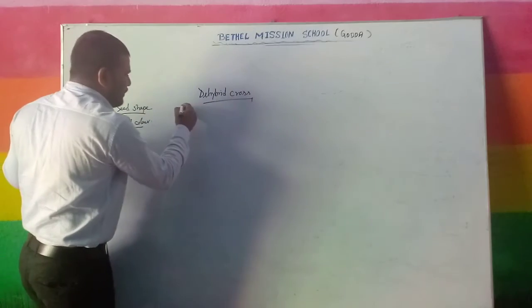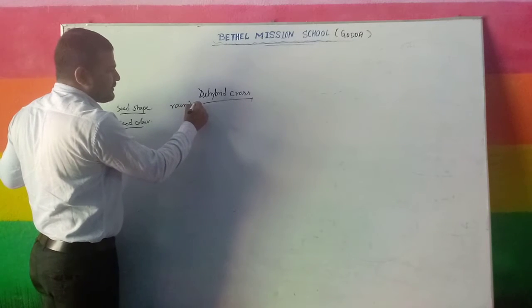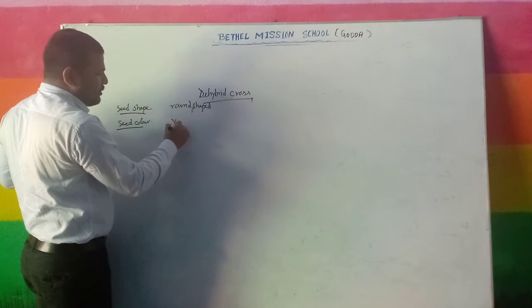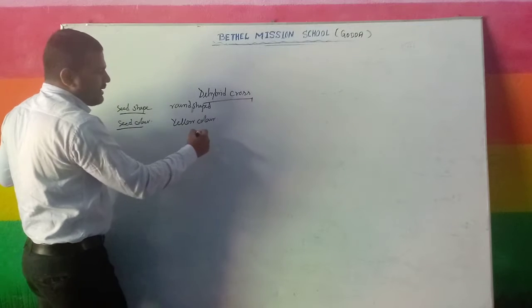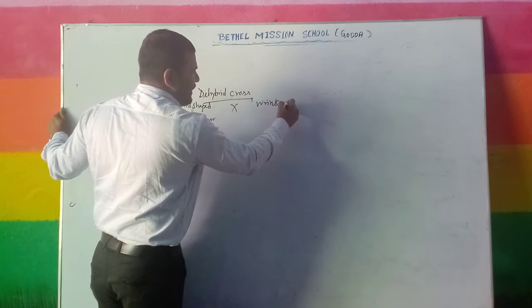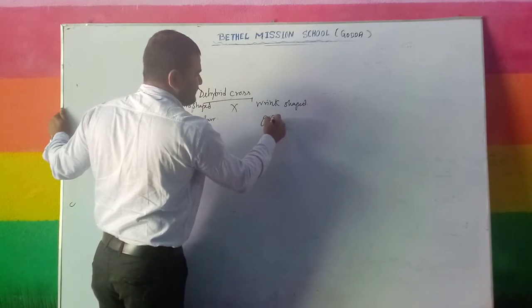Now having the two plants, one producing the round shaped seed having the yellow color, and another producing the wrinkle shaped green color.